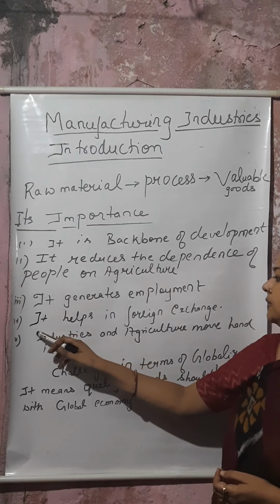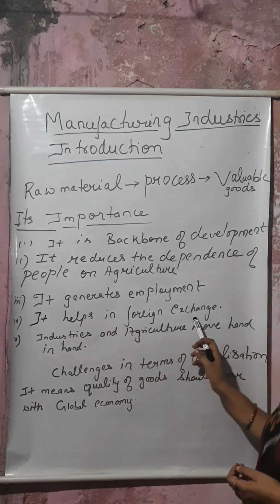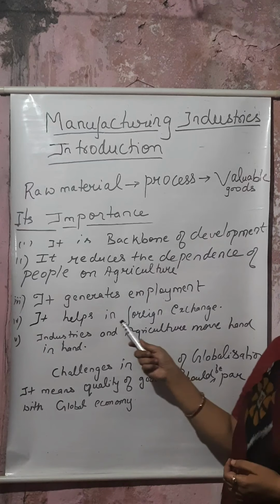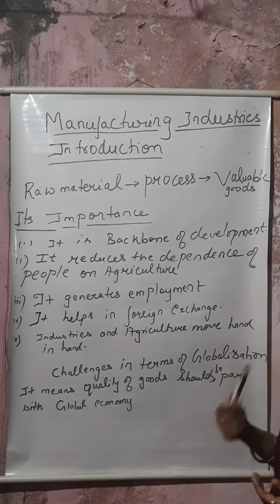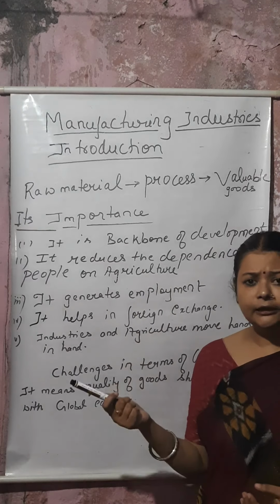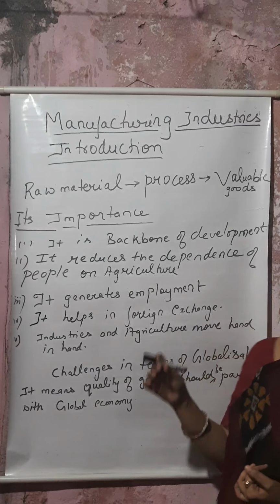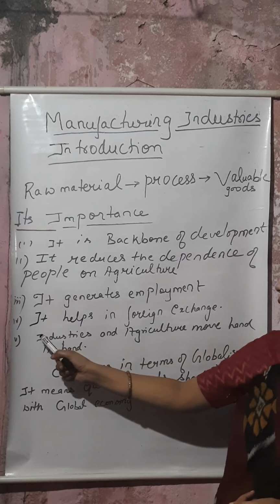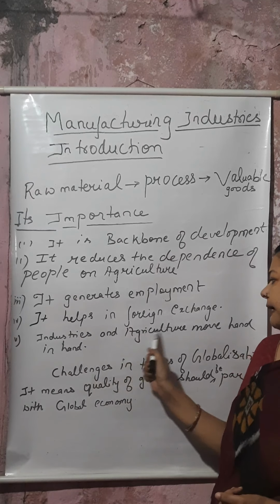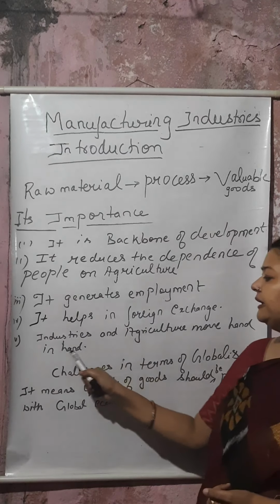Next point is, it helps in foreign exchange. For example, when there is maximum production of goods, we are exporting to other countries, and with that export we are gaining foreign exchange. Now, next importance is, industries and agriculture move hand in hand.